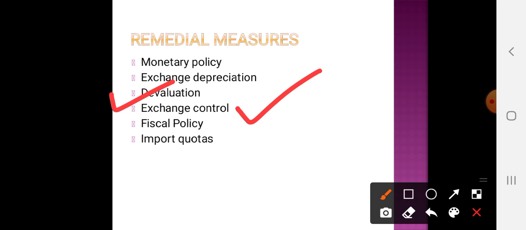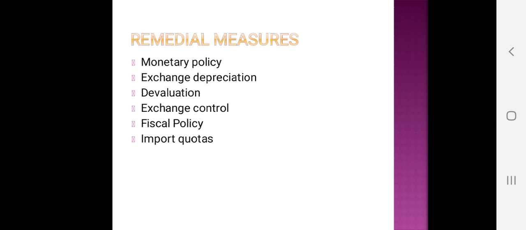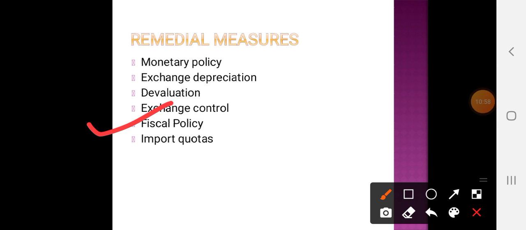Next is fiscal policy. Fiscal policy is another method of correcting the unfavorable balance of payment.